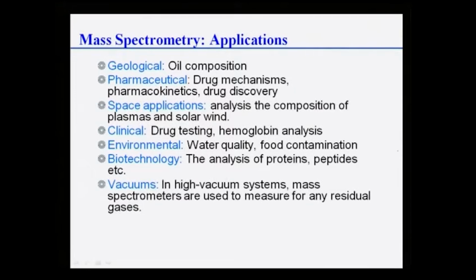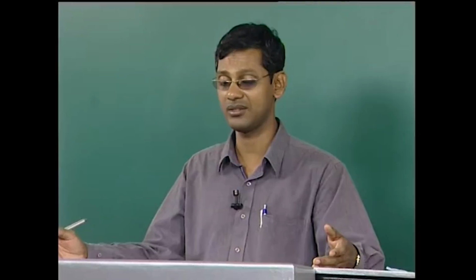Then comes the pharmaceutical industry, that is pharmacokinetics, drug discovery, drug mechanism. Next one which uses this technique extensively is space application, like composition of the plasmas and the solar winds by astrophysicists. Obviously it can be used for environmental applications like water quality, food contamination, biotechnology. In fact, it can be used in high vacuum systems, as smart spectrometers to measure even residual gases present in a particular system.